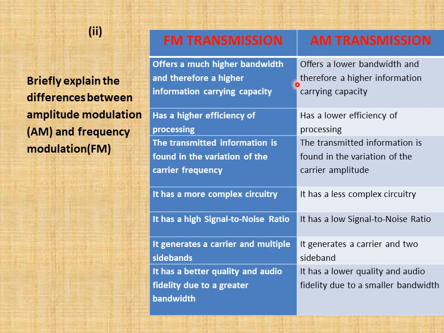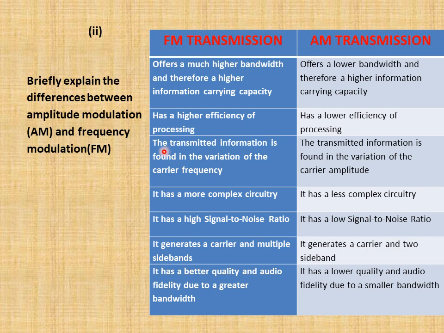Amplitude modulation offers a lower bandwidth and therefore a lower information carrying capacity. Frequency modulation has a higher efficiency of processing, while amplitude modulation has a lower efficiency of processing.